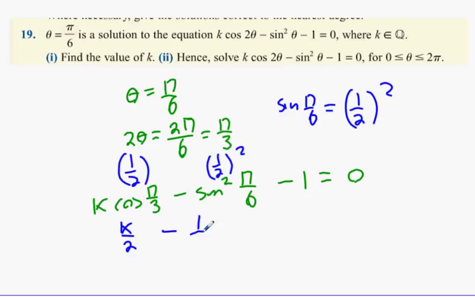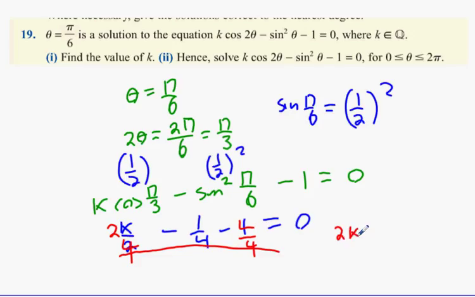Okay. Now, common denominator maybe? What would common denominator be? 4. So make that 2k over 4, and then this to be 4 over 4. They don't matter, do they? Then what? 2k minus 1 minus 4, 2k minus 5 equals 0, and k equals? K equals 5 over 2.